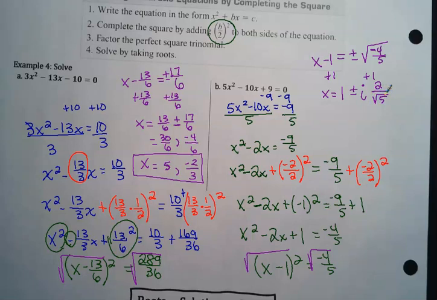So kind of ugly there. Then we should simplify this, right? We don't want that there. So we'd multiply by the square root of 5 over the square root of 5. So x would equal 1 plus or minus i times 2 square root of 5 over 5.